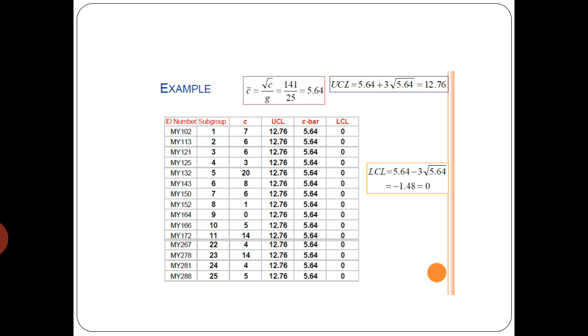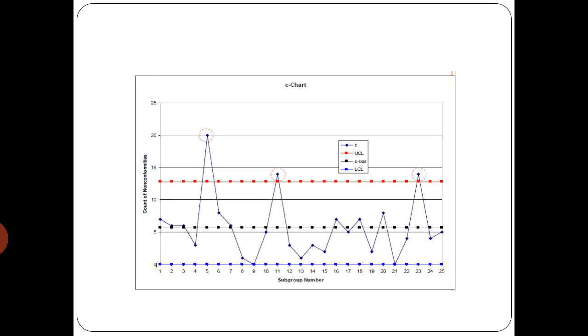An example is again given here. With respect to subgroup, the values of C are given, upper control limit is given, lower control limit will be 0, and C bar we have attained 5.64. Again with the formula, the upper and lower control limit values are plotted against the x and y axes.